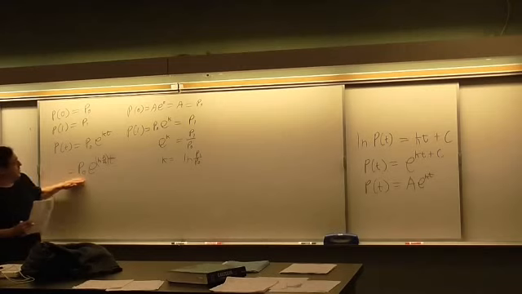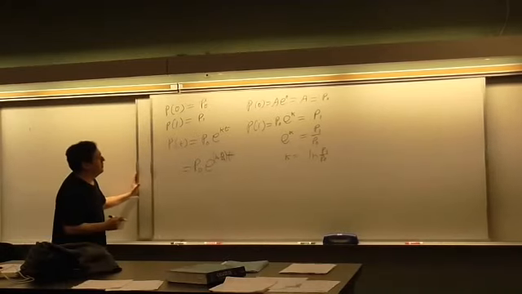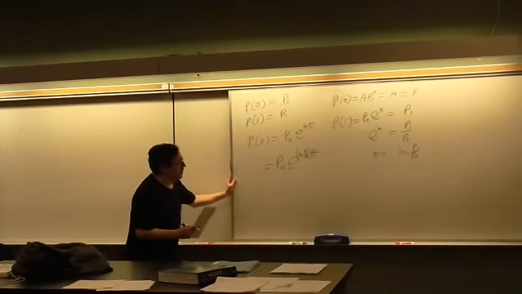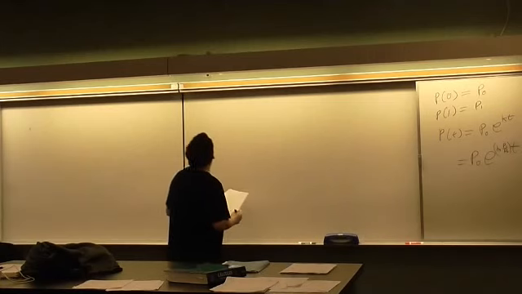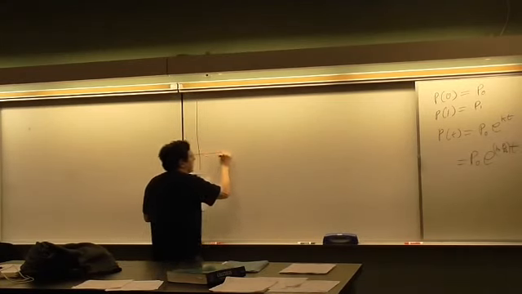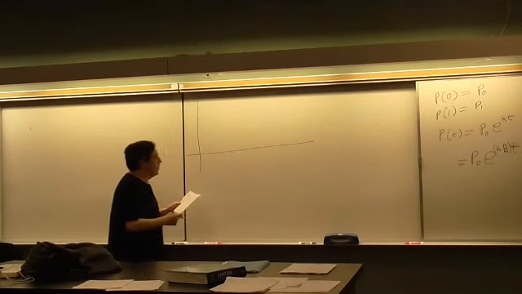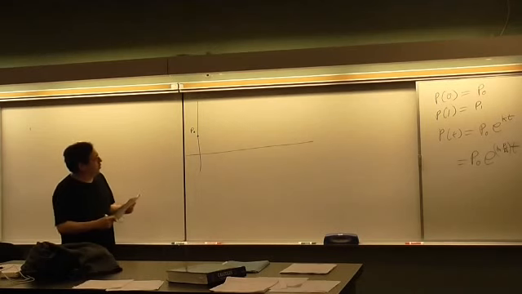Now, we didn't really give values here. We just picked a number. But it might be useful to think about what this actually looks like if we were to graph this function. All of these solutions will go through p0.